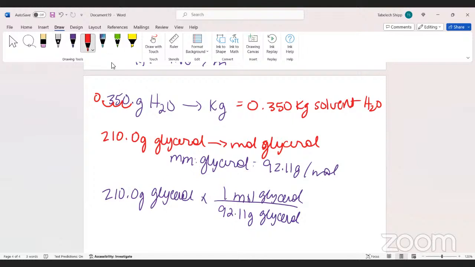All you're going to do now is cancel out your grams, the unit that is, because we don't need those units anymore. And we're going to plug this into our calculator. So I'm going to go ahead and do that now. That's 210.0 divided by 92.11. And we need 4 of those numbers. So we're going to get 2.279, which rounds off to 2.280.